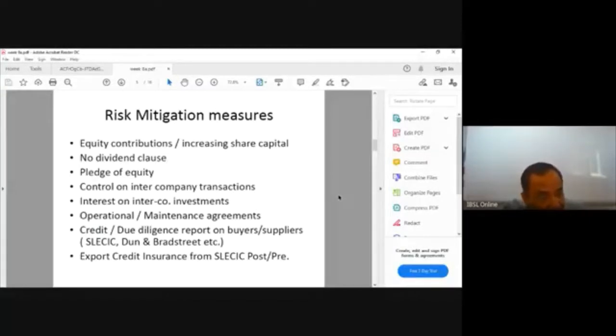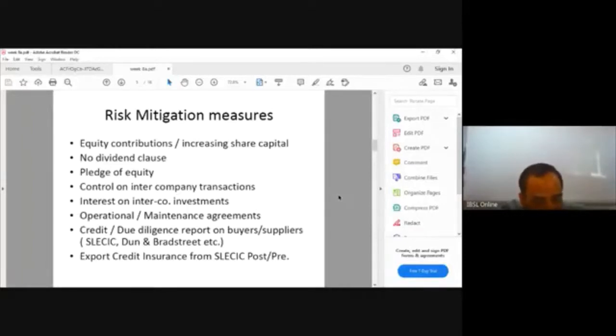So you would like to ensure that it is up and running in current condition with very low wear and tear. Somebody is maintaining that particular machinery, periodically on a monthly basis. Those details are there. And when it comes to a vehicle, you say that a full insurance policy should be there. Why? Because we have a financial interest in the vehicle. If something happens to the vehicle, that's a risk mitigation measure, right? So, operational maintenance agreement.